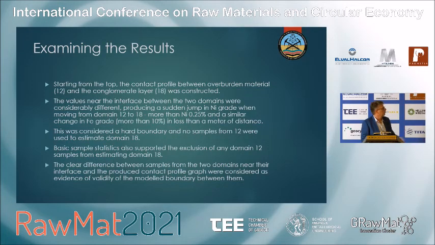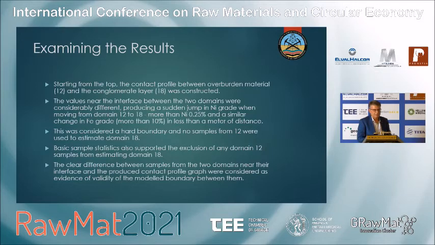So when we examine the results, I just give an example here. There's so many different boundaries here to talk about, and we don't have time, obviously, to do that. The contact profile between the overburden material, for example, and the conglomerate layer was constructed.